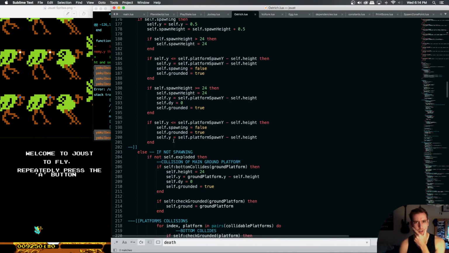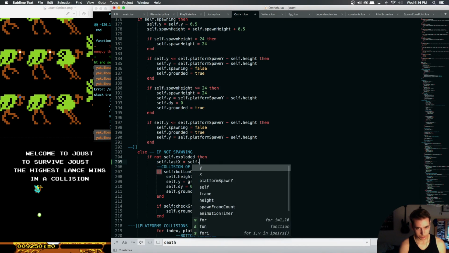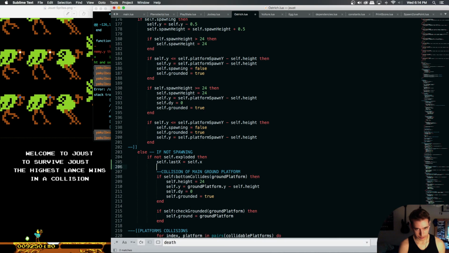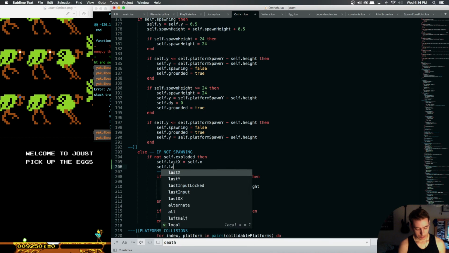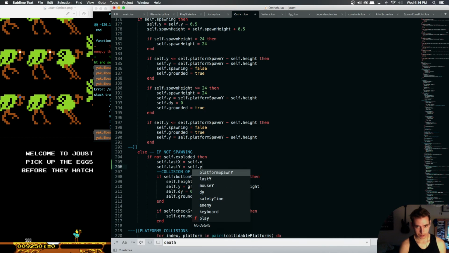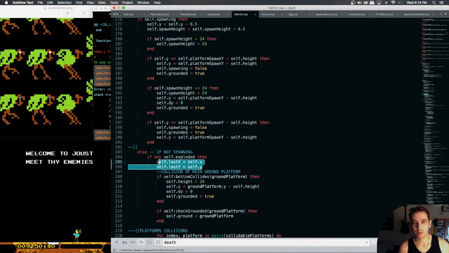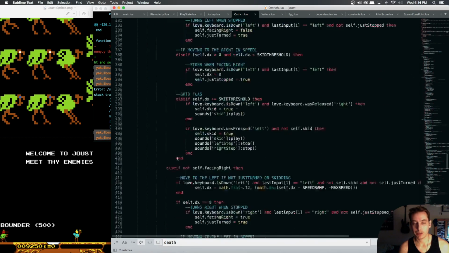If spawning, yeah. If not exploded, then we need to update our self.lastx, and we don't have these variables just yet, but we're going to be moving our self.x into our last x variable, and our self.y into our last y variable, and only updating those variables if we're not exploded.